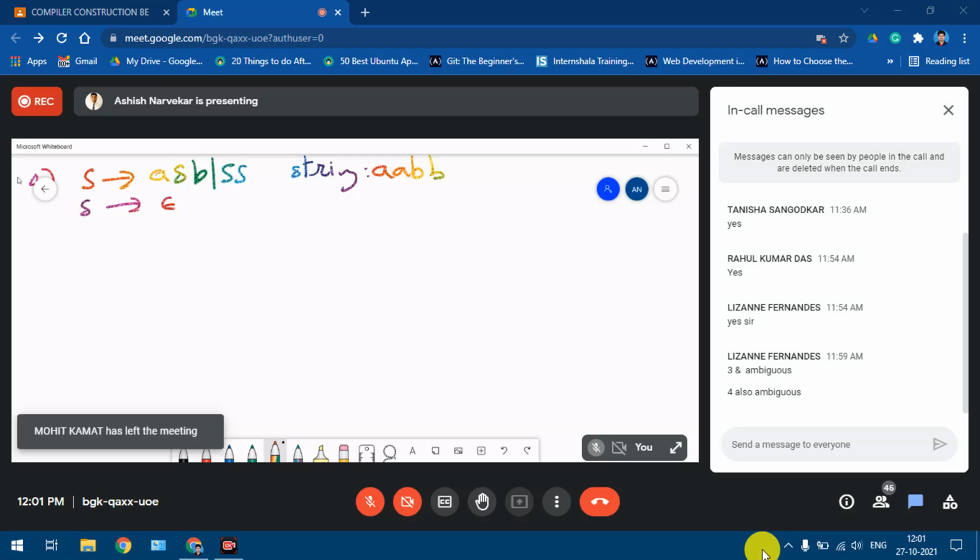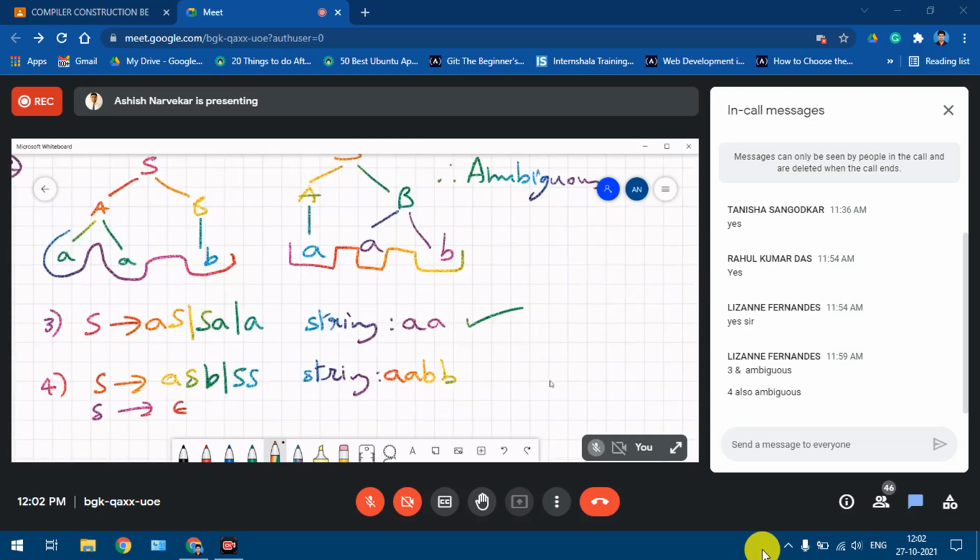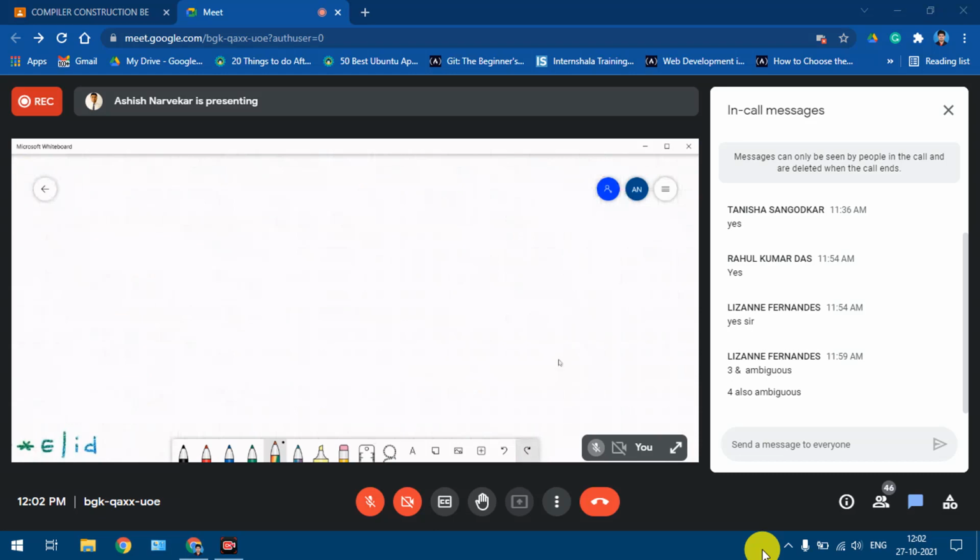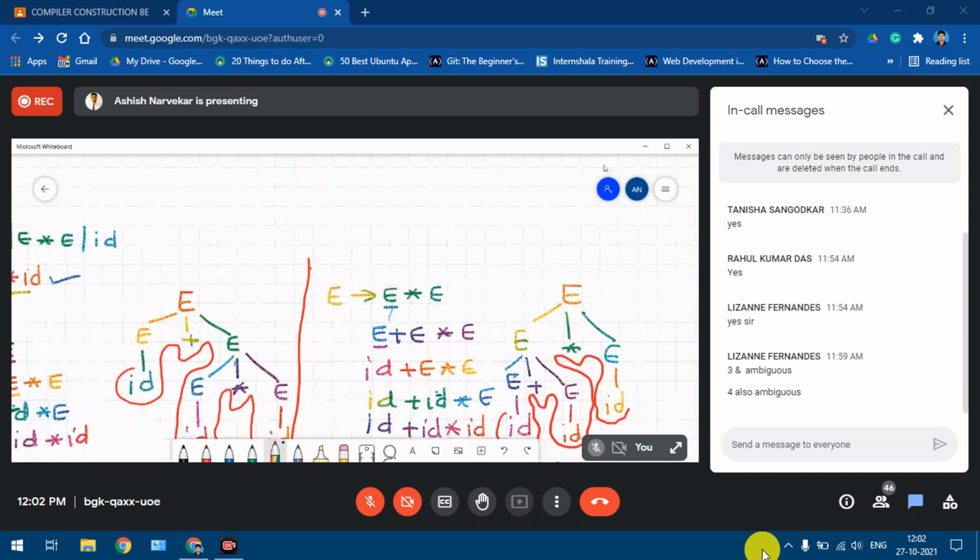But now, what exact problem is posed by ambiguous grammars? That's what we need to check. So for that, I'll just scroll to the starting one.